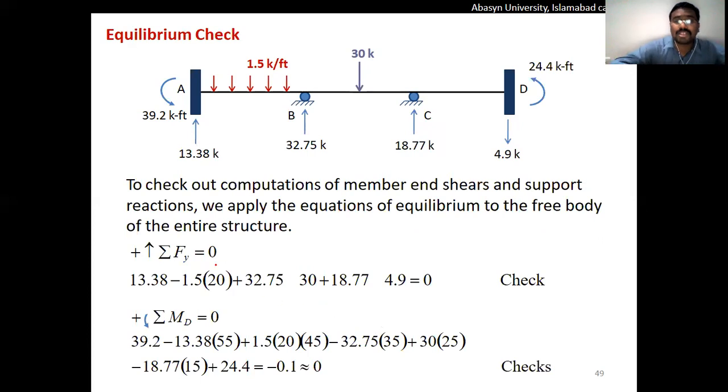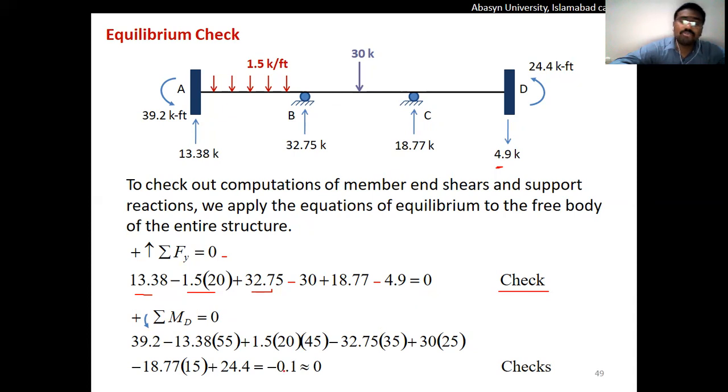For example, once we apply the summation of Fy equal to 0 to the entire beam, it will become the reaction at A, minus loading in the span AB, because it is in the opposite direction, plus reaction at point B, plus or minus loading in the span B to C, plus reaction at point C, minus the reaction at D, 4.9 kips. If its value comes out to be 0, it means that you are going good. If not, it means that you have made some mistakes in your calculations.